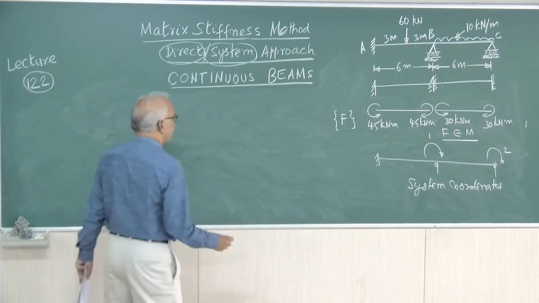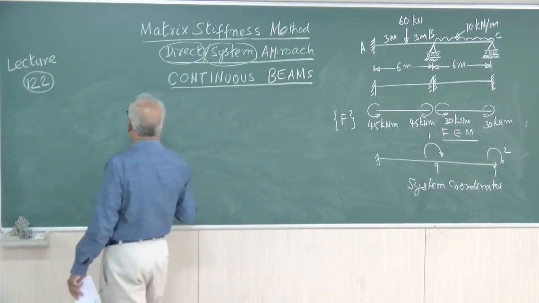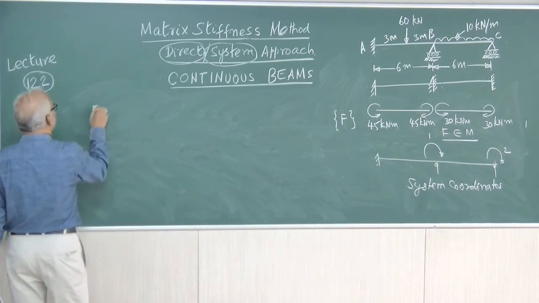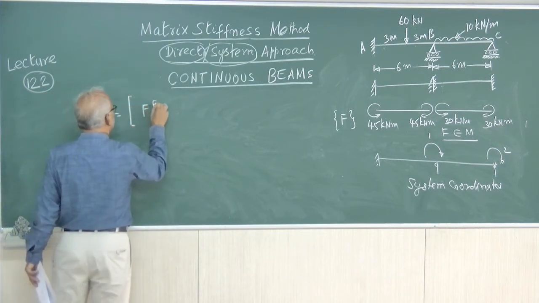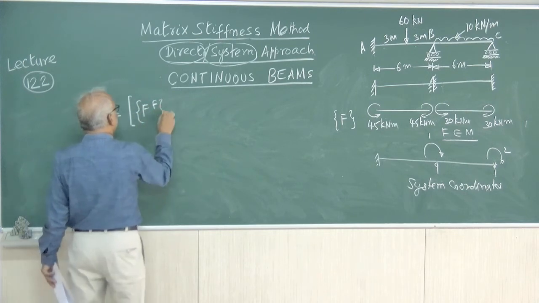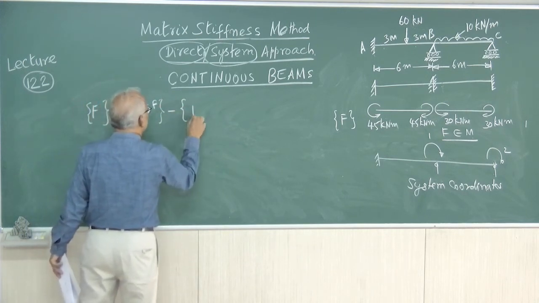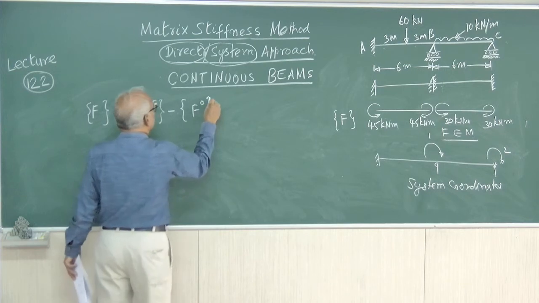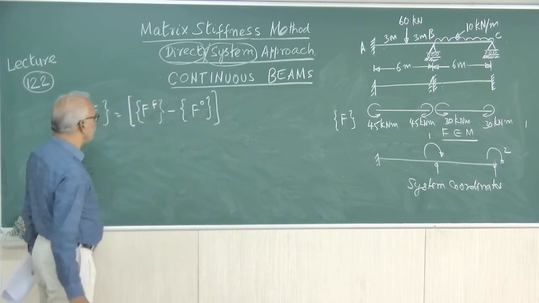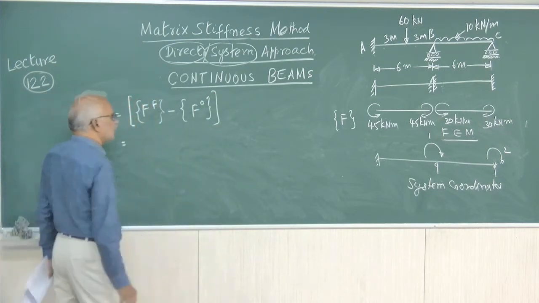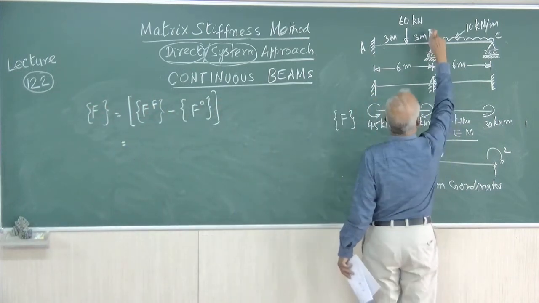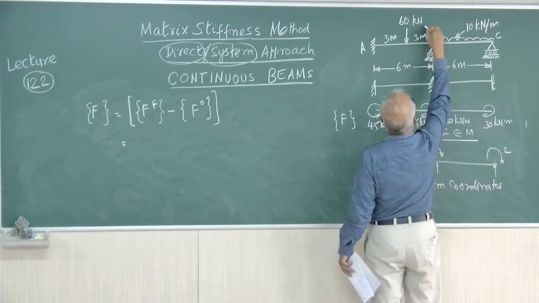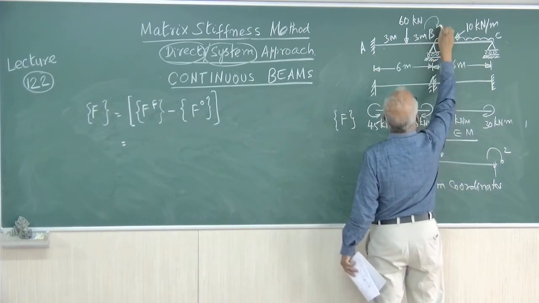Now, the value f consists of f equal to f of f minus f naught. F of f is due to any external forces along the coordinate 1; if some external moment is given, that we have to account.